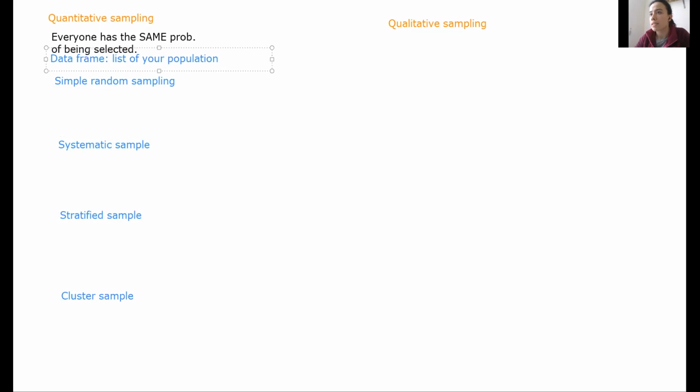So a simple random sample is exactly what it sounds like. If you have a certain population which has people that are different in ways, for example, you could think of a population that has men and women, and you choose things through simple random sampling.